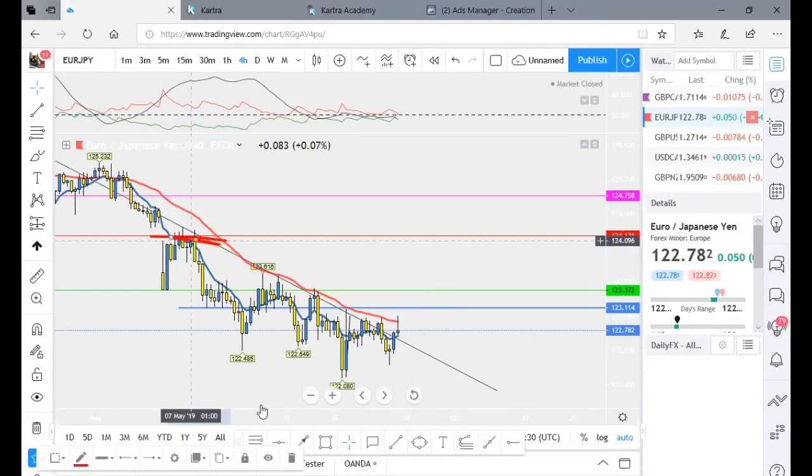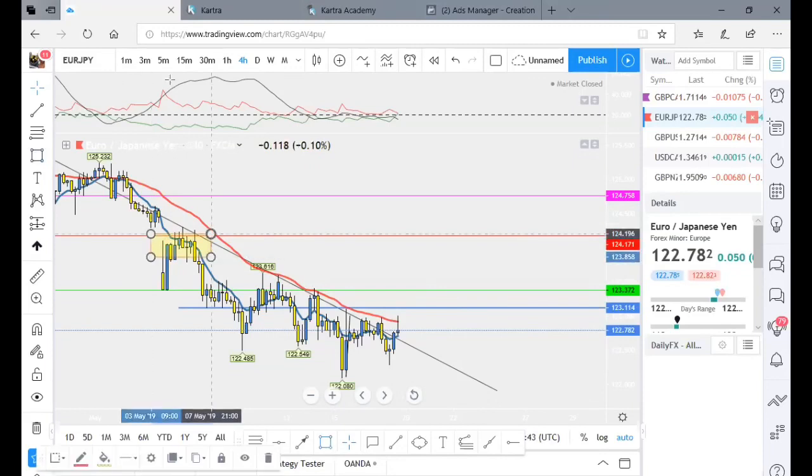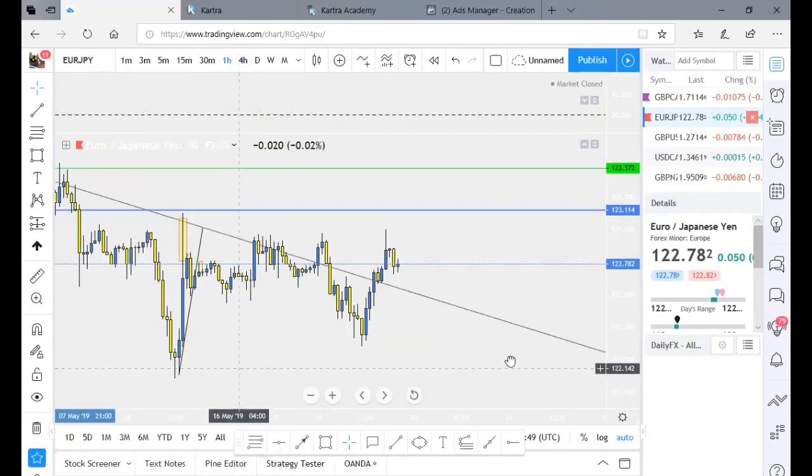So I'm gonna highlight this bearish engulfing at this resistance level right here with a highlighter, and I'm gonna highlight this whole area. I'm gonna drop to the 1 hour, and I'm gonna go to that highlighted area.